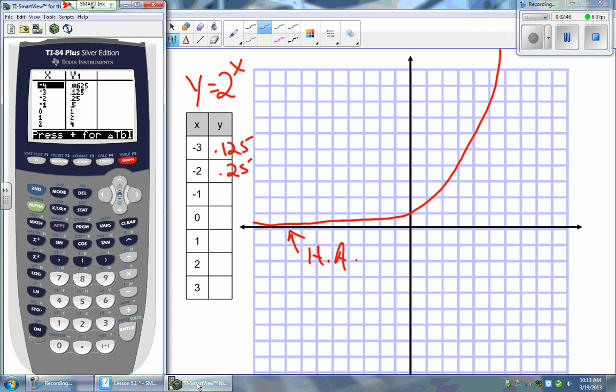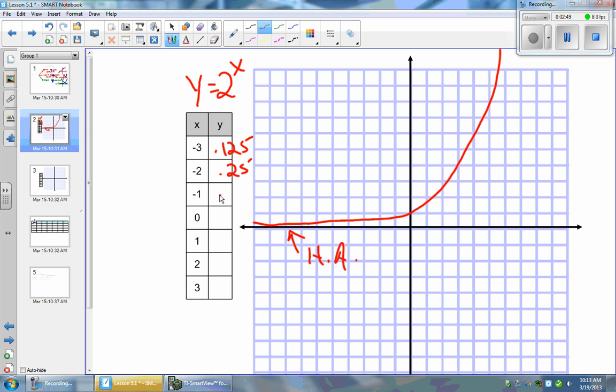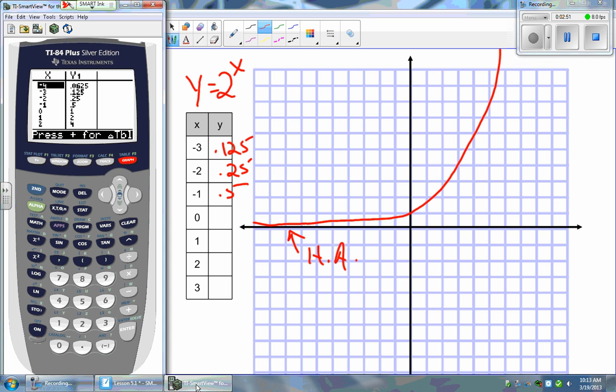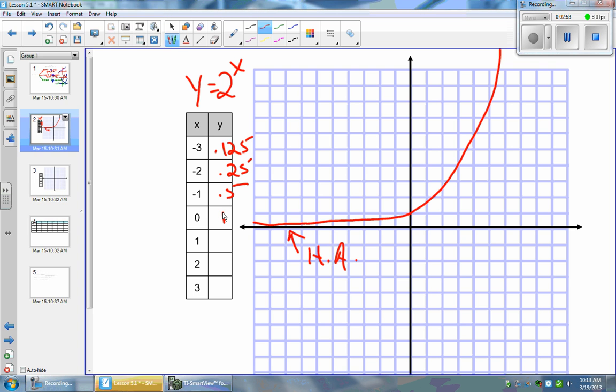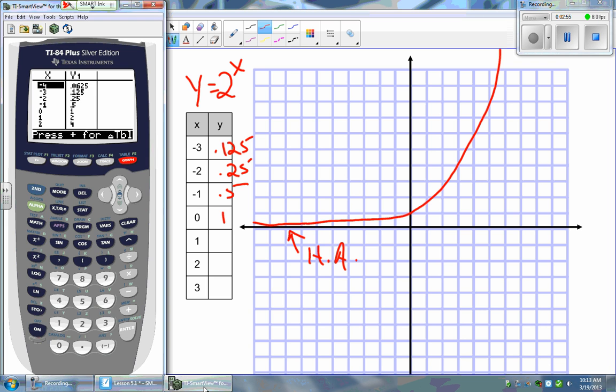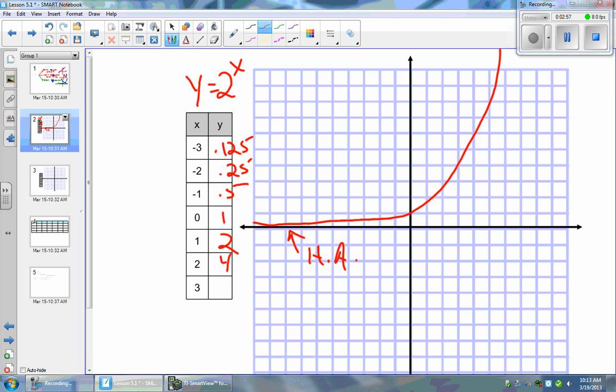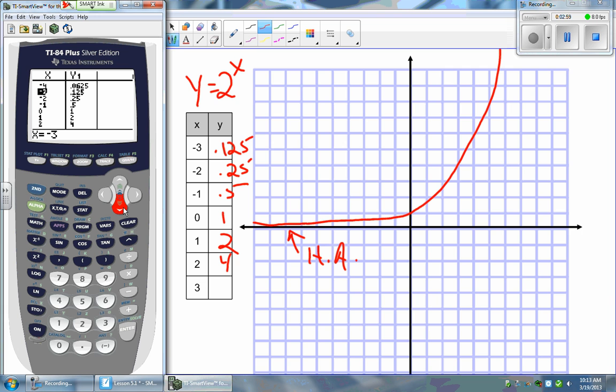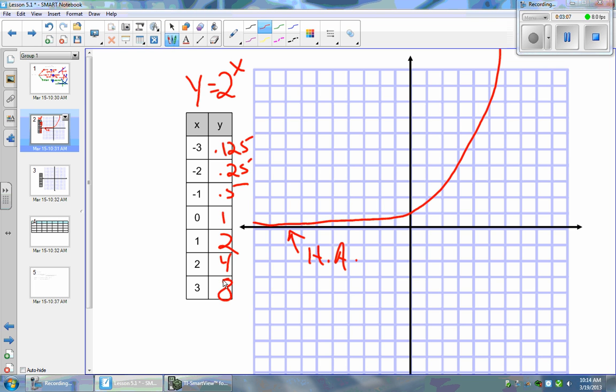Minus 1 is 0.5, but here's the interesting one. 0 is 1, then we go to 2, and then we go to 4, and then that goes to 8.